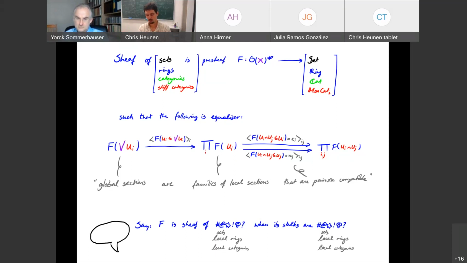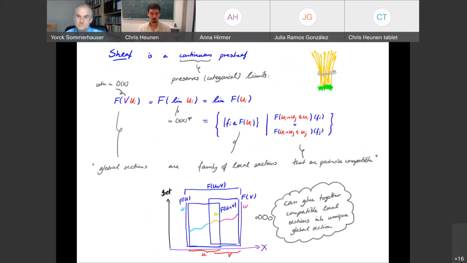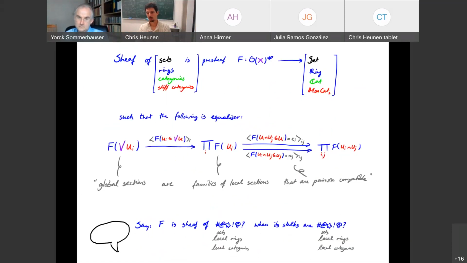Now, I said before that the sheaf condition says that a sheaf is a continuous pre-sheaf, so it should preserve limits, right? And because we were in Set before, I knew how to compute this limit, and that's how we got to the description in terms of pasting local sections together. But if we take values in monoidal categories, I in principle don't really know what this limit looks like.